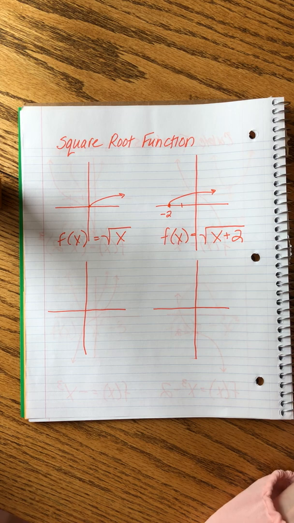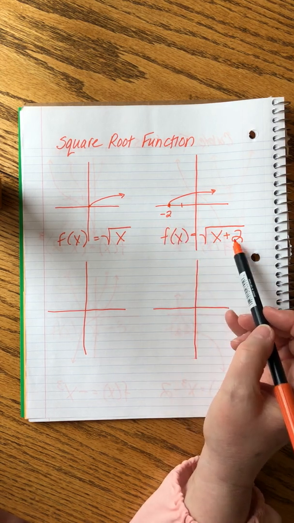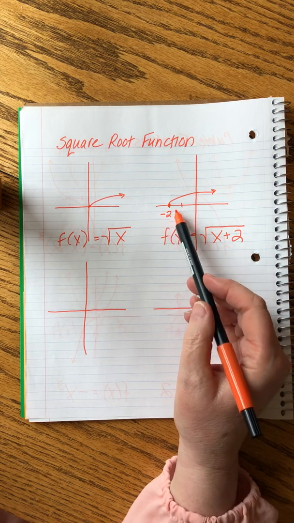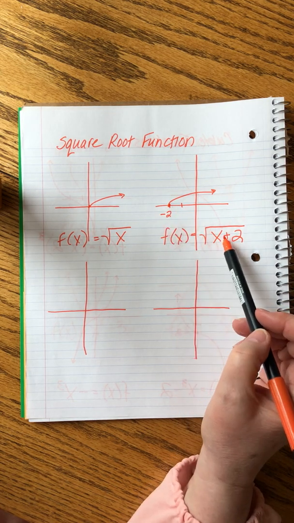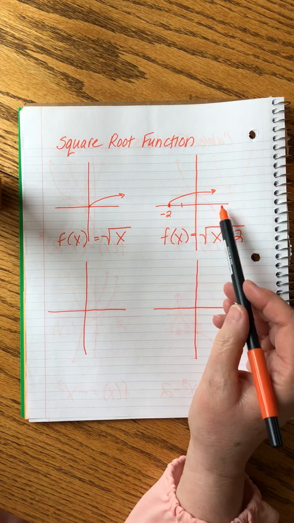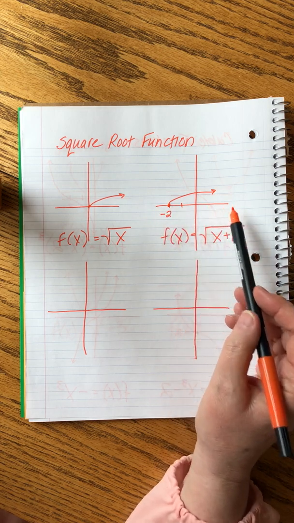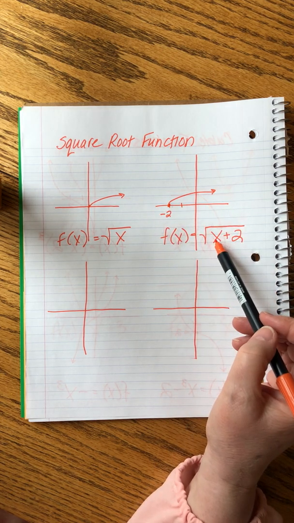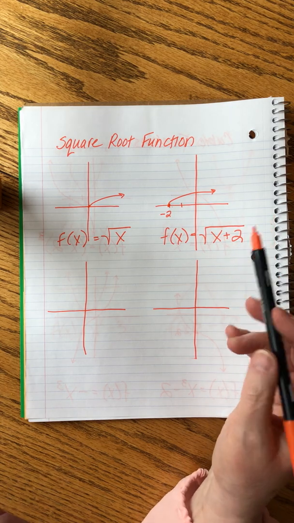So the pattern kind of holds. We bring the change right up close to the x, and we use the opposite sign. We moved it to the negative 2, but this says positive 2. Okay, so the x-axis continues to keep its adjustment close to the x and opposite sign.